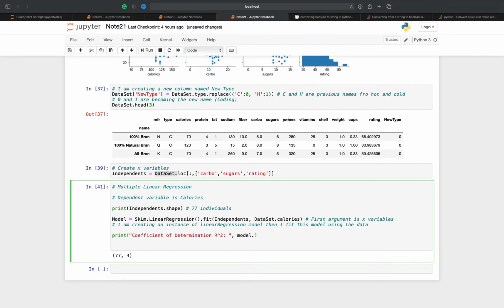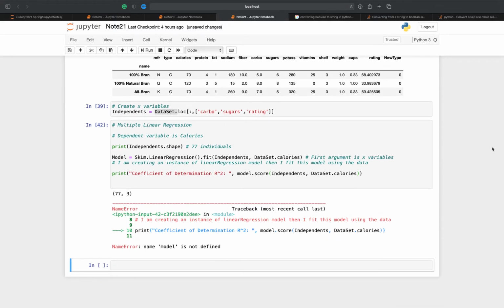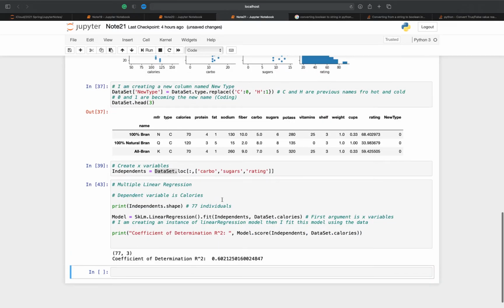We use score, and we are going to use this too. What did I do? Oh, the model is capital M. Good. So the coefficient of determination is 60. Not bad. 60% of variation of Y, meaning calorie, on the independent variables is explained by the model.